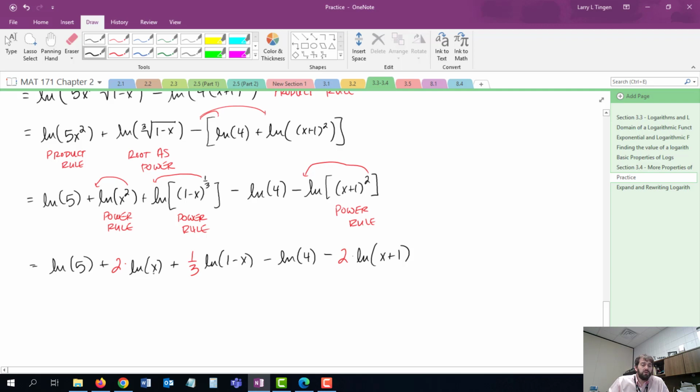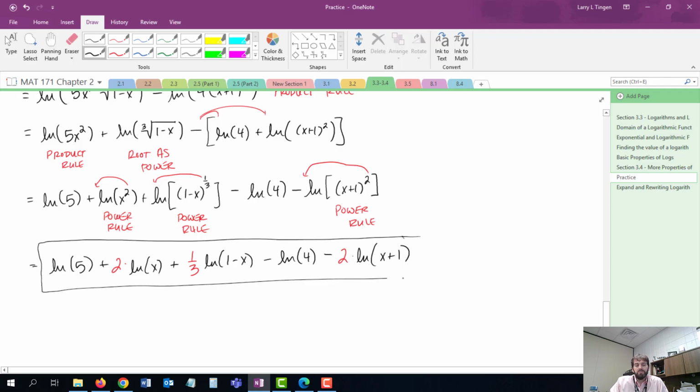Natural log of 5, natural log of x, natural log of 1 minus x, natural log of 4, natural log of x plus 1. Nope, none of them match, so they cannot be combined, which means my answer is all of that. And again, they told us at the beginning to rewrite these logs as sum or difference of simple logs and all powers written as products.